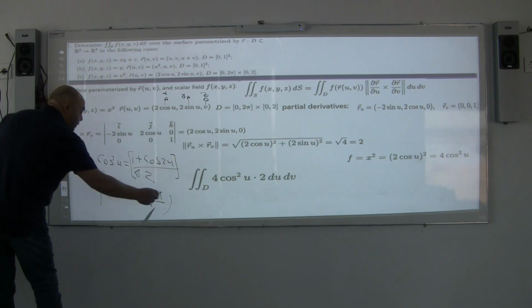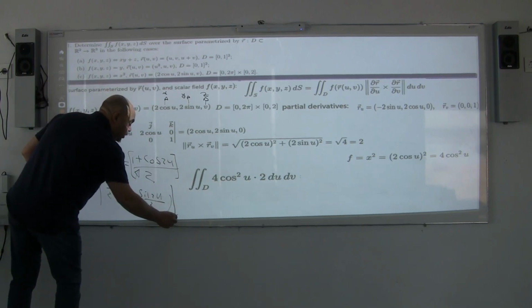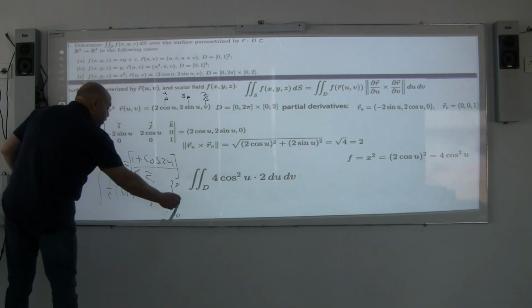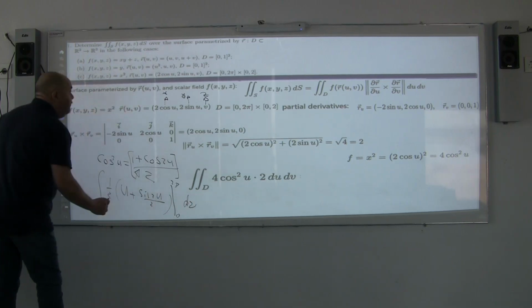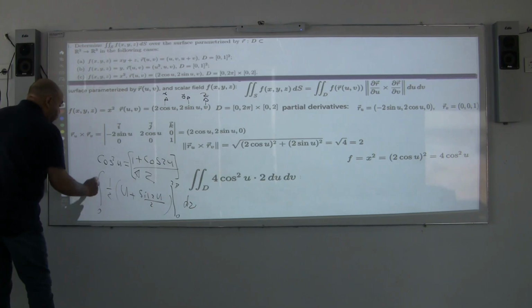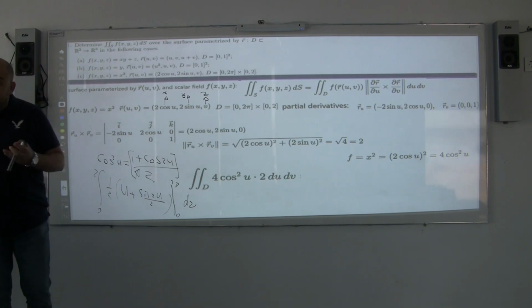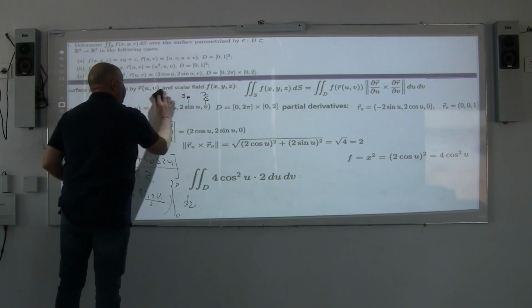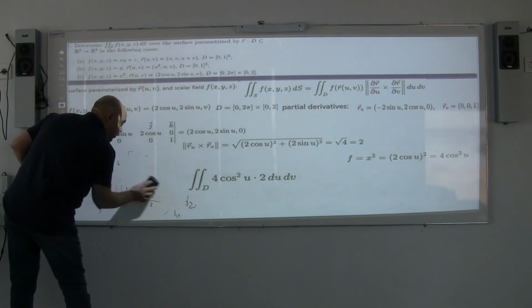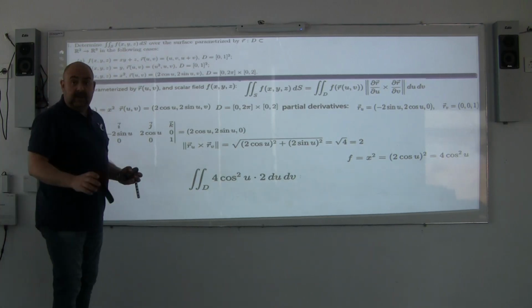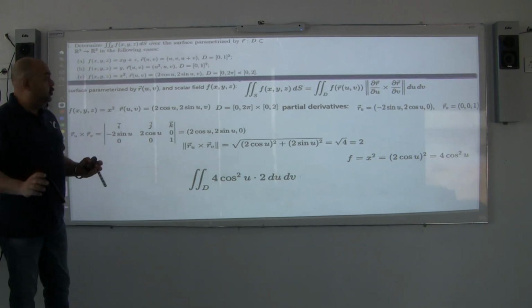Then start making the substitution from 0 up to 2 pi. Then integrate in the other direction of v and make the substitution from 0 to 2. It's very, very simple. As you can see, I will have to go through all the processes, all the laws, and the major issue is to define.